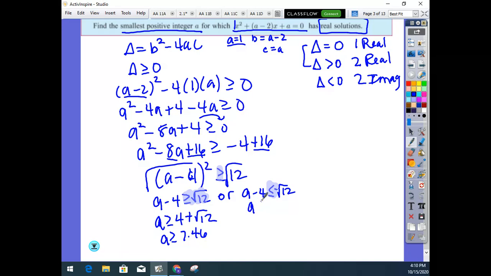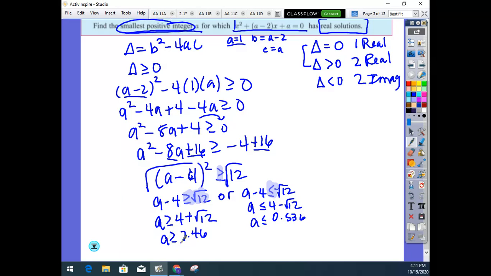If I solve the other one for a, I get 4 minus the square root of 12, and that's approximately 0.536.